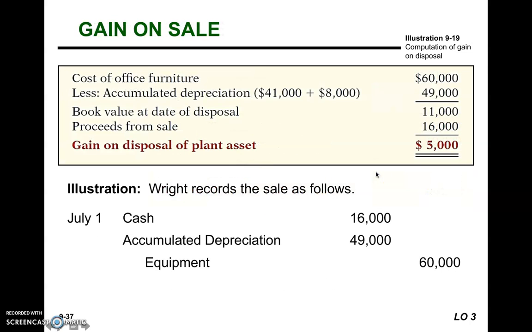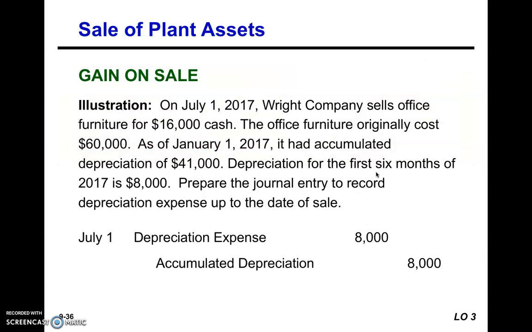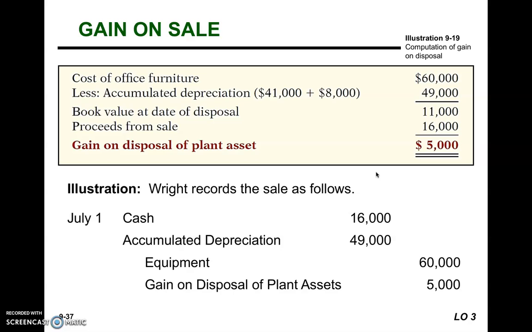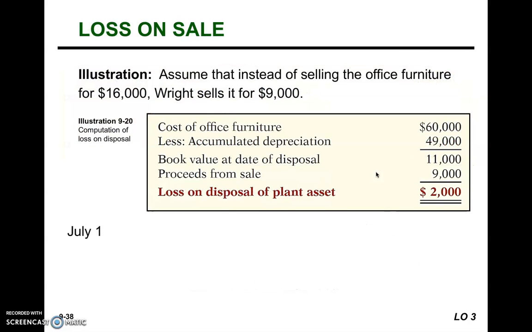This is the same example. The book value, we are changing the scenario. Instead of selling it for $16,000, we're selling it for $9,000. So the book value is still the cost minus accumulated depreciation. That hasn't changed. Since we're getting less money than the book value, we're going to have a loss.